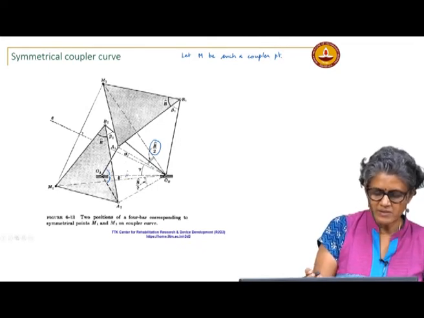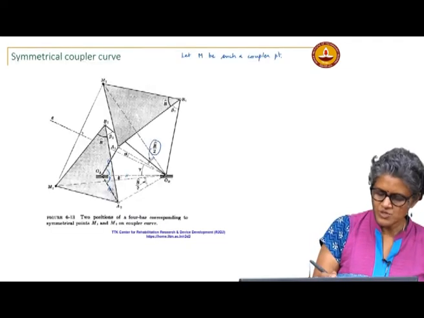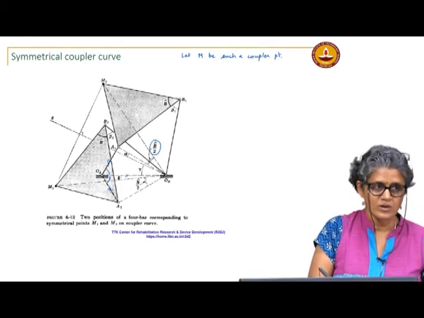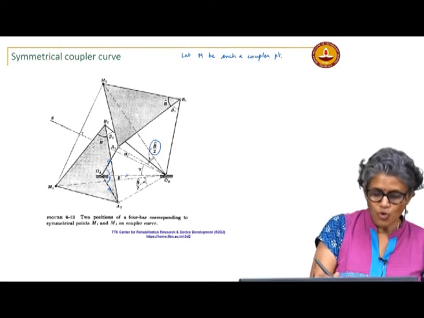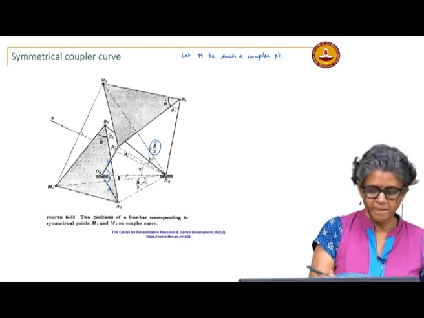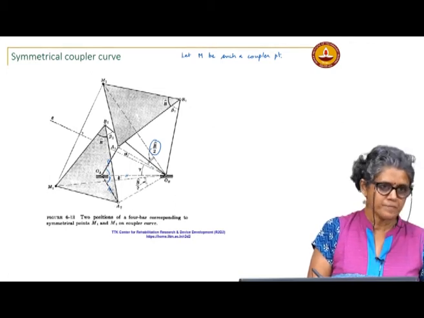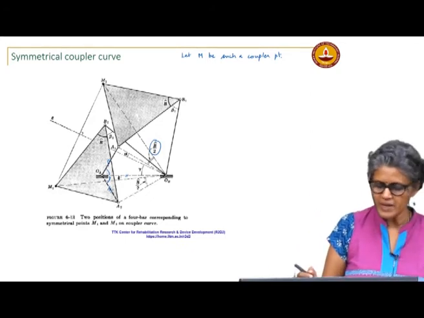This is the common side, O_A A1 equals O_A A2. So, these two triangles are congruent. Okay. Therefore, O_B A1 equals O_B A2. Okay. So, O_B A1 equals O_B A2.